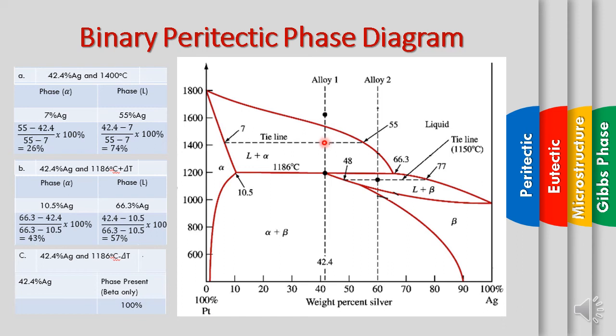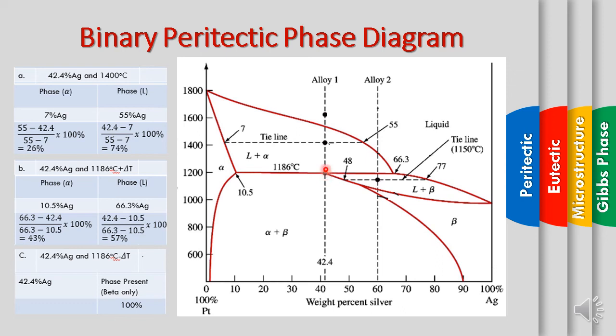So we will discuss three points, which are this one for the 1400 degrees Celsius line, and also a point at a higher temperature, 1186 plus delta T, maybe a little bit higher, and also a little bit lower at this 1186 minus delta T, maybe a little bit lower here.